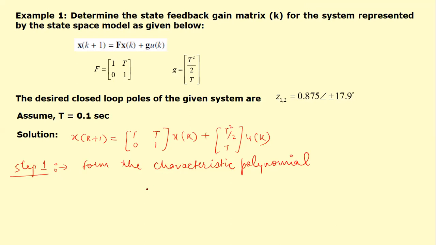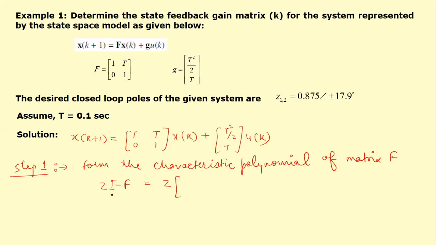The characteristic polynomial is actually zI minus F. So we have to form the characteristic polynomial of matrix F, so it is zI minus F. So zI minus F can be formed like this.